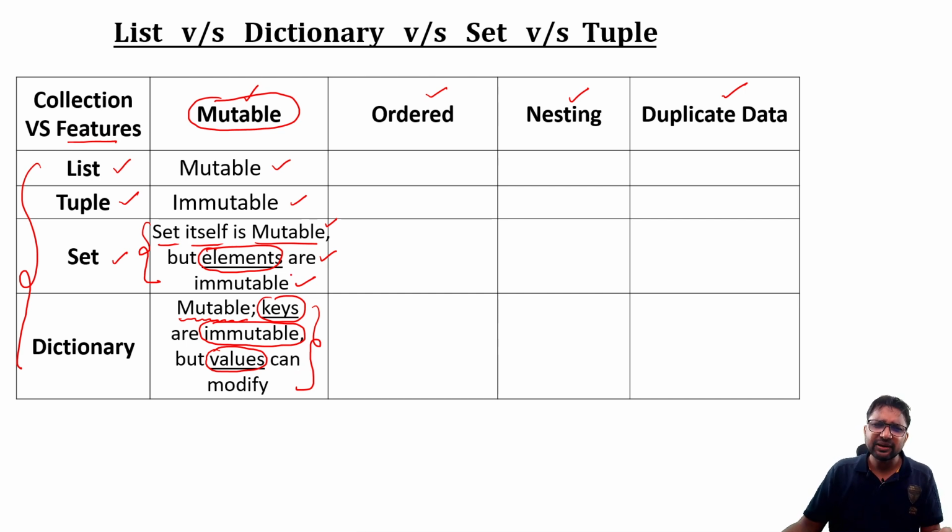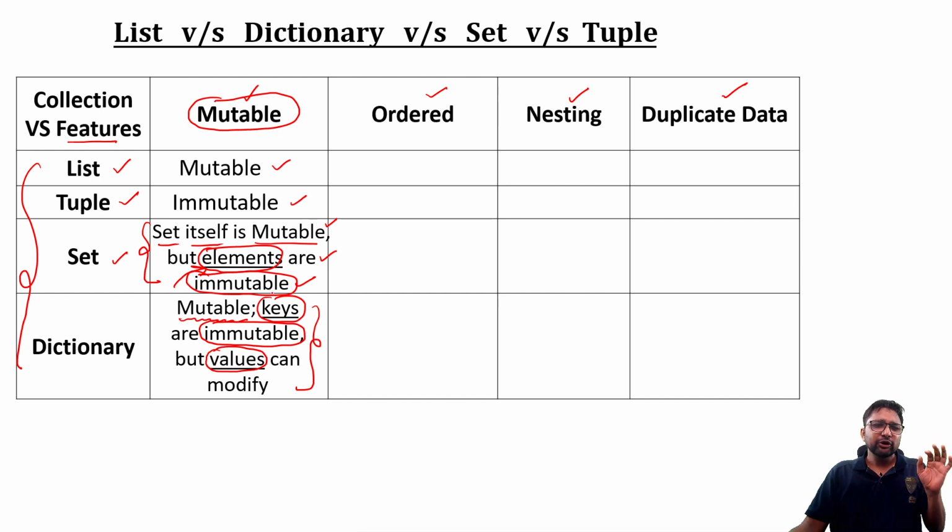And the same reason applies in the case of set. Set does not allow modification of the elements. The reason is the same, because sets are also implemented at the back end using a hash table, and you cannot implement the hash table concept with changeable items. Otherwise, how would you search for the element in constant time? If you are changing it, then we need to apply linear search, and then we cannot find the element in constant time.